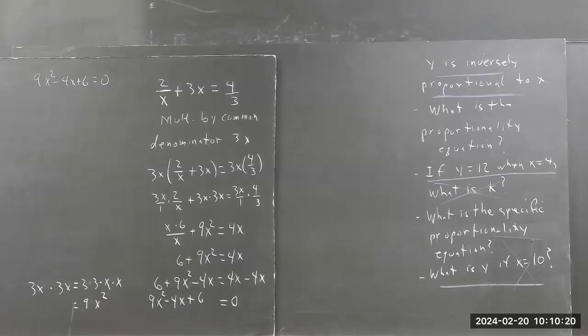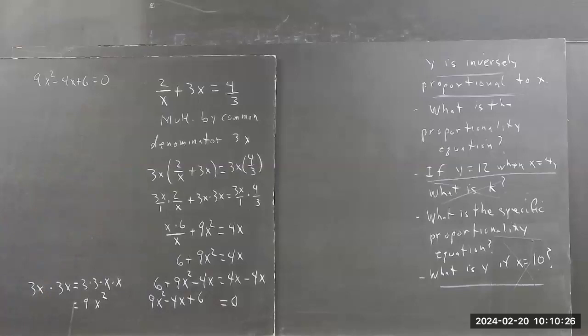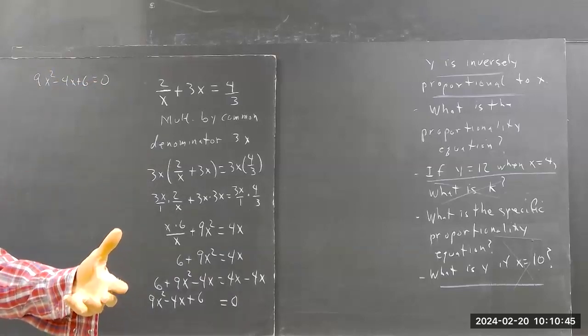Not getting any ideas, which isn't too surprising. This is something a little bit unfamiliar, maybe. Haven't seen it in a while. This has an x squared in it. It means it's not a linear equation. This is not in the form y equals mx plus b, and it can't be put in the form y equals mx plus b.